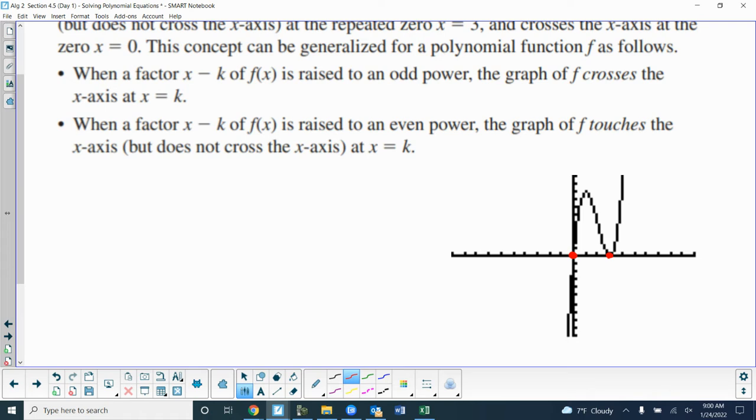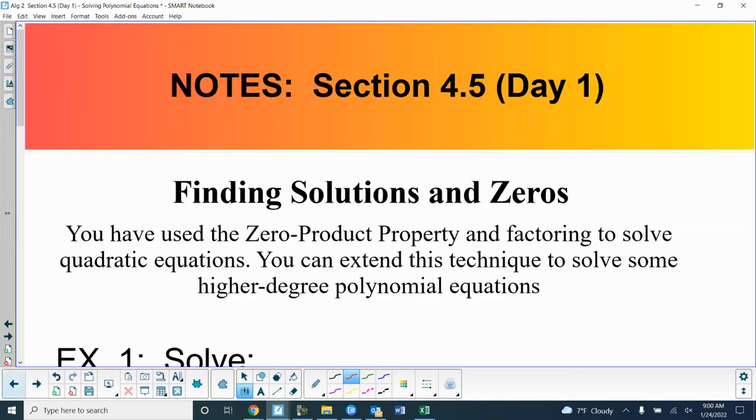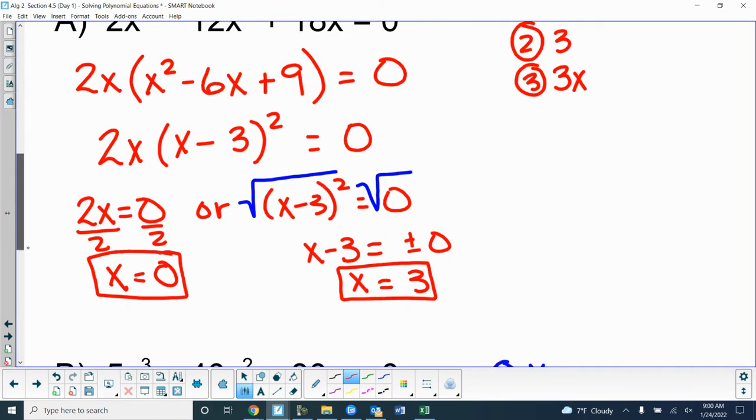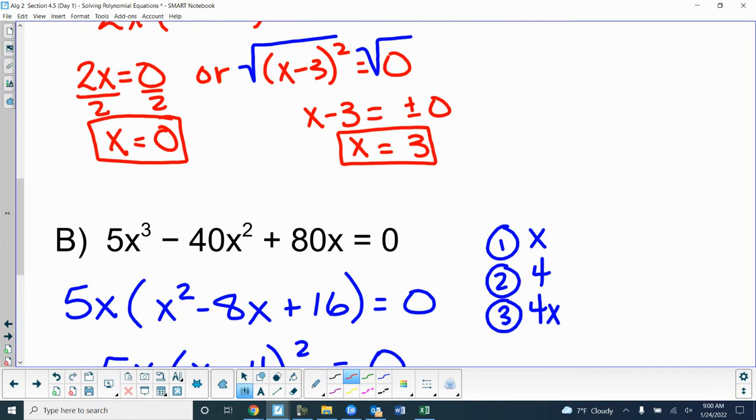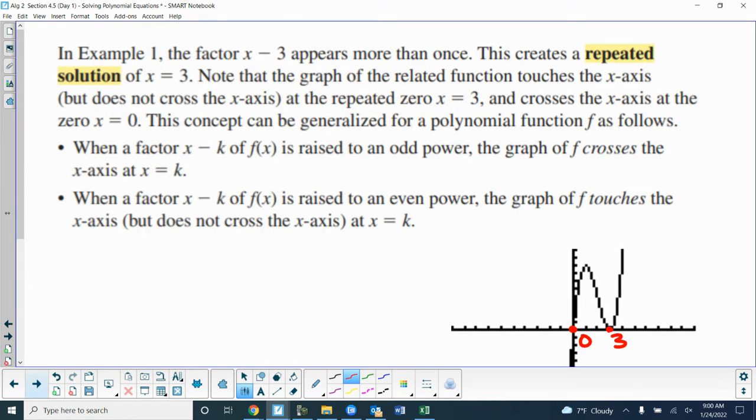If we go back, this is 0, and that's 3, where those happen. So again, we got 0 and 3. A way to solve these is to plug them into your calculator and see where the graph crosses or touches the x-axis.